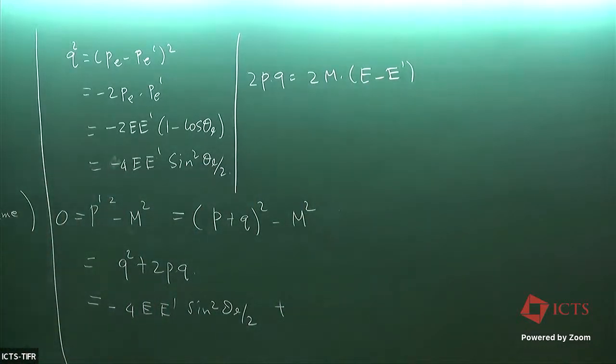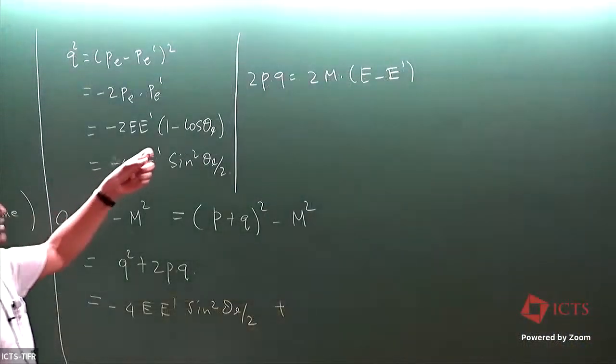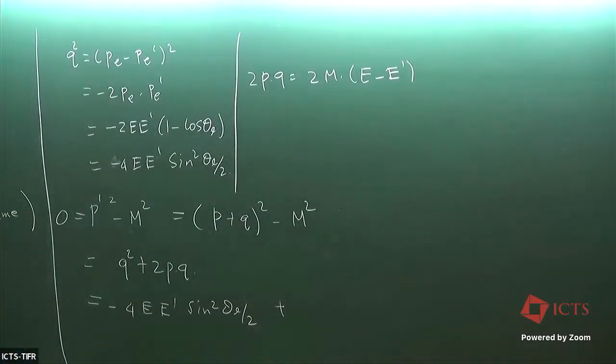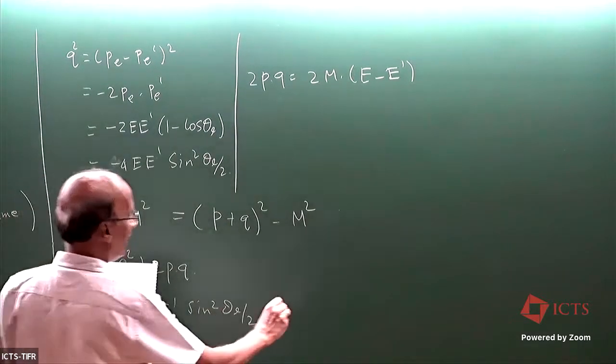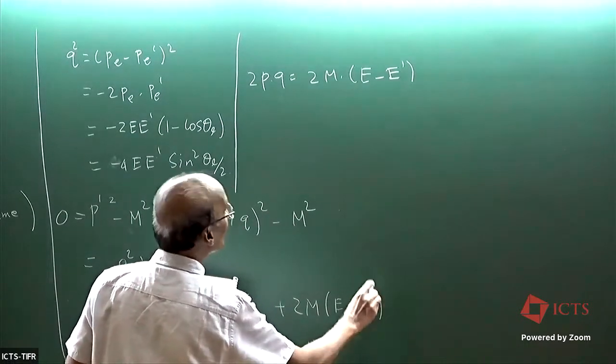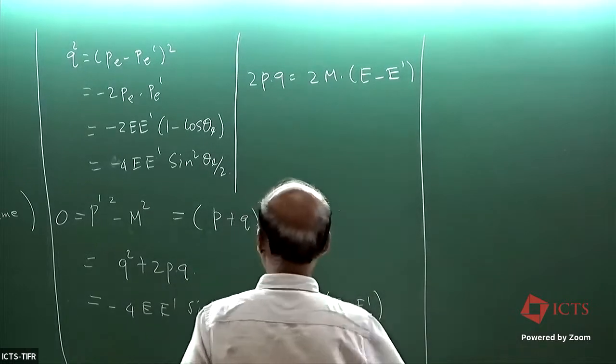This rest frame has the advantage of killing all those terms other than the energy part. So p·q takes a very simple form, just m times the difference of the energies. I substitute here, it is 2m(E − E'). We're done, so we just substitute in this equation.